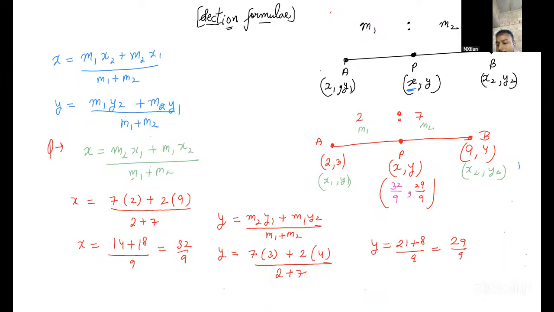For example, if you divide 32 by 9, it will become 3.5 something, so you have to put it there.